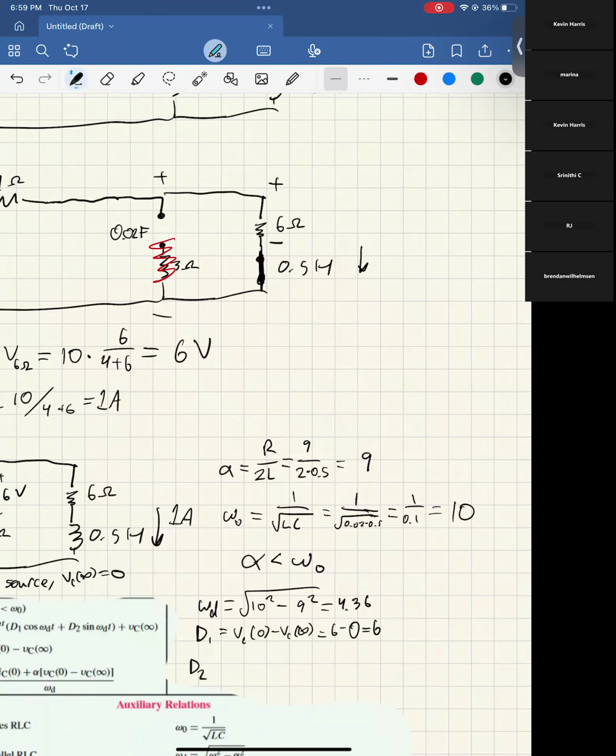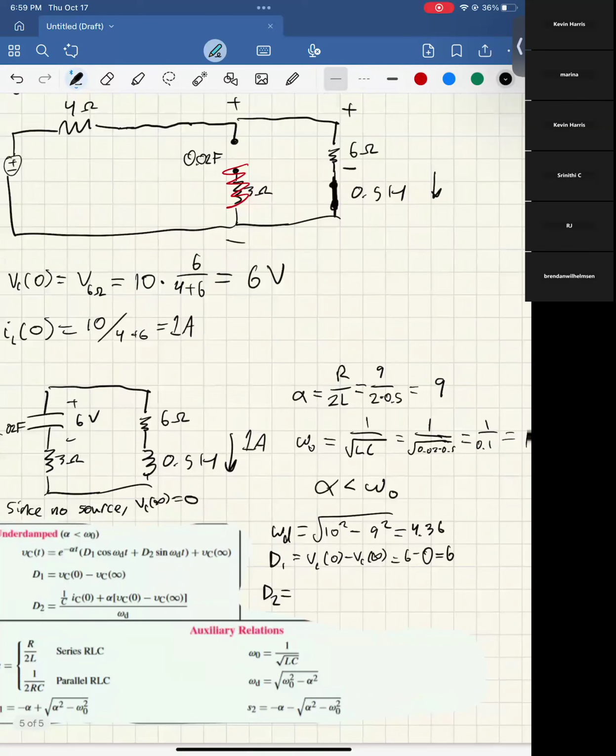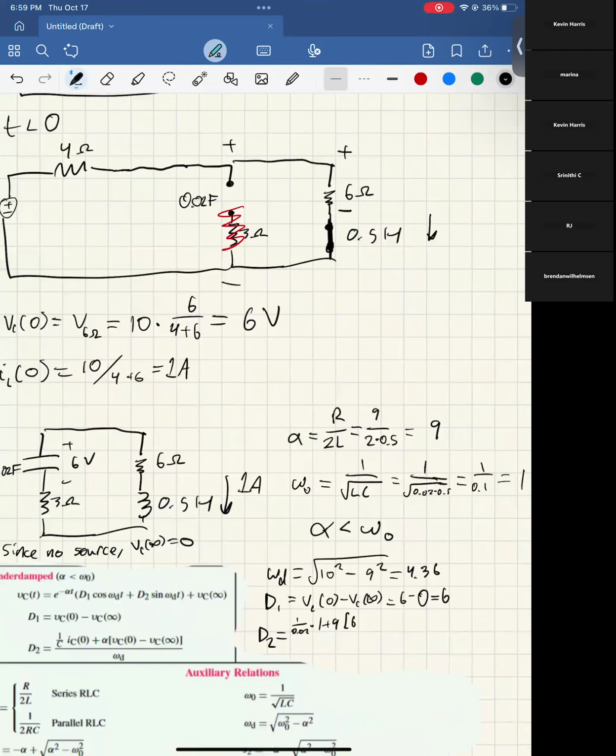And then our D2, that's the kind of scary looking one. We have 1 over C times IC of 0. So 1 over C, our C is 0.02, so that's 50, 1 over 0.02, times IC of 0, which is 1. And then plus alpha, which is 9, times our D1, so times 6, over omega d, which was 4.36.